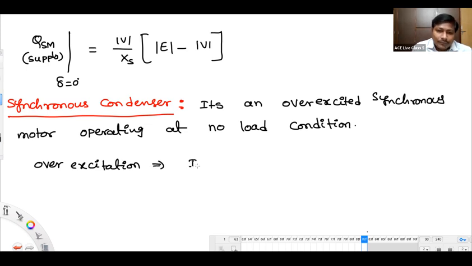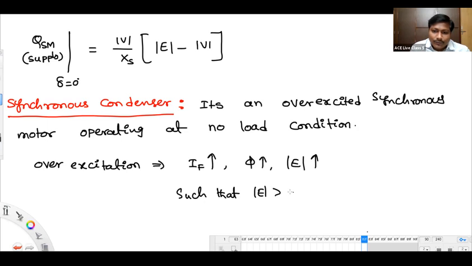Overexcitation means the field current is high. Current will not become zero, Shraddha. The machine is operating under no load, but that does not mean current equals zero. Field current is high, flux in the air gap is high, and induced EMF in the machine is high, such that E is greater than V. Then only it will act as a capacitor, such that mod E is greater than mod V.